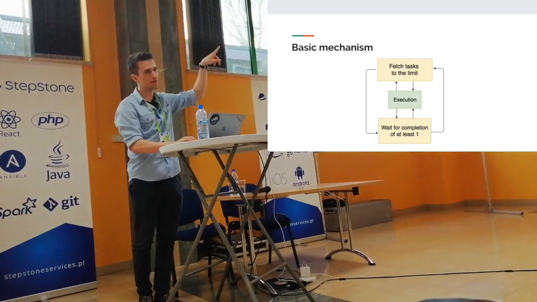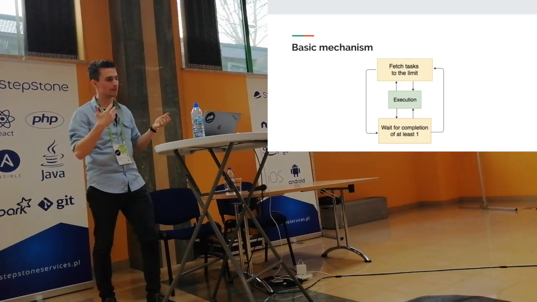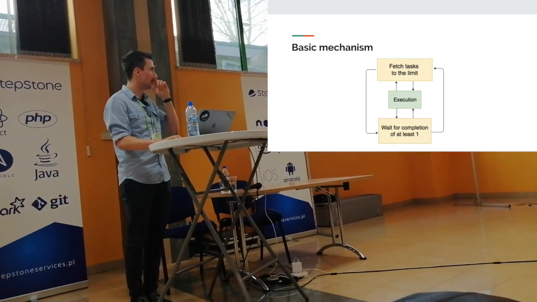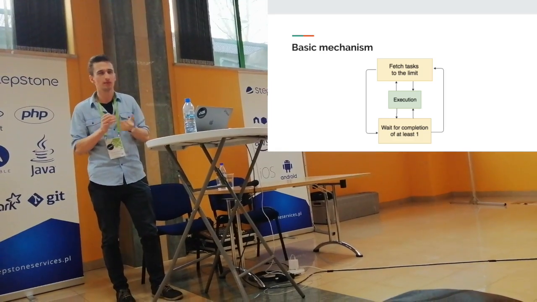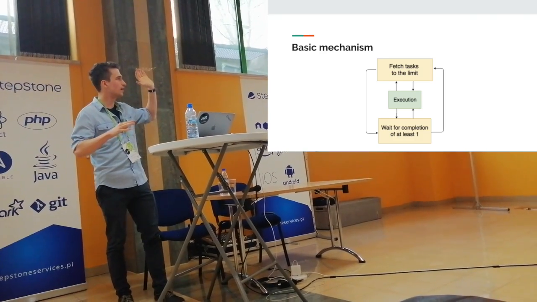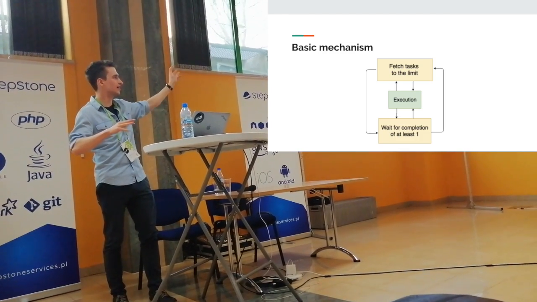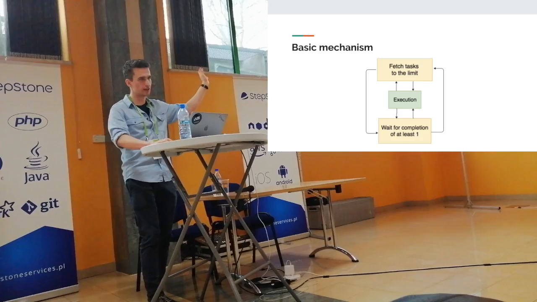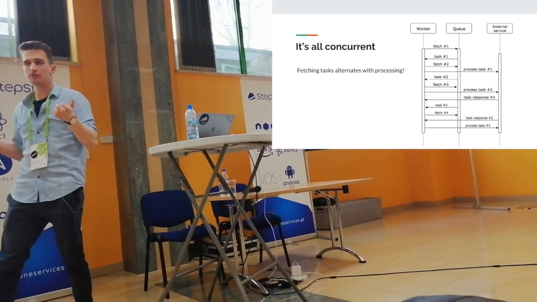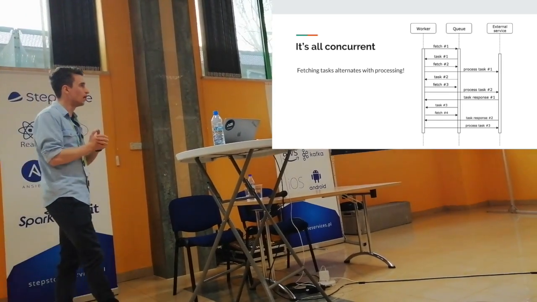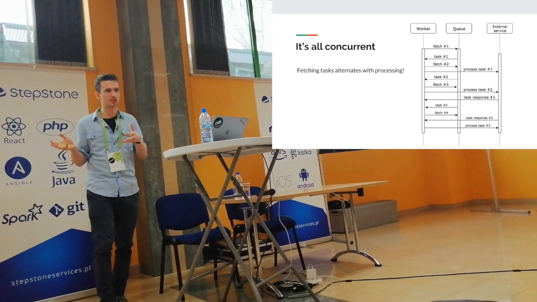Then we can again fetch that one task from the queue to make our processing memory full. And these arrows to the execution state are what we're doing here. We are alternating between fetching tasks, executing, fetching tasks, executing, waiting for completion, executing, and so on. We need to keep in mind that we are in an asynchronous world and everything here is concurrent. For example, fetching tasks alternates with processing those tasks.